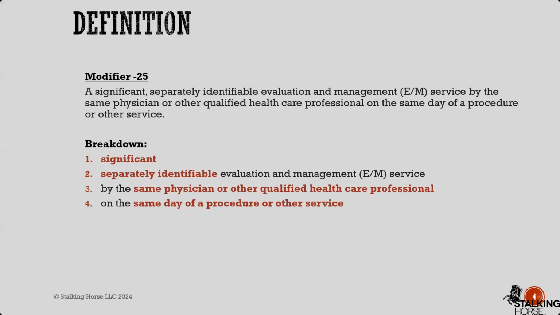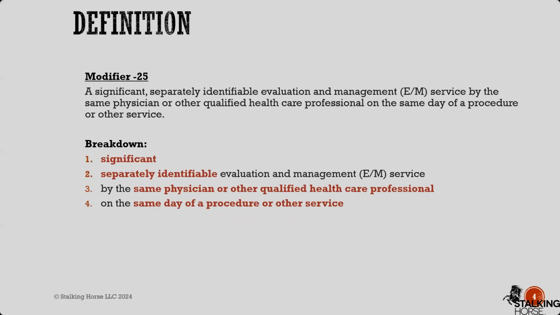A great example would be if a patient comes in, they have a visit with the provider, and then let's say they also end up needing a flu shot. So they had a procedure on the same day as an evaluation and management service, but in order to get paid for both, you would append modifier 25 on the evaluation and management service.